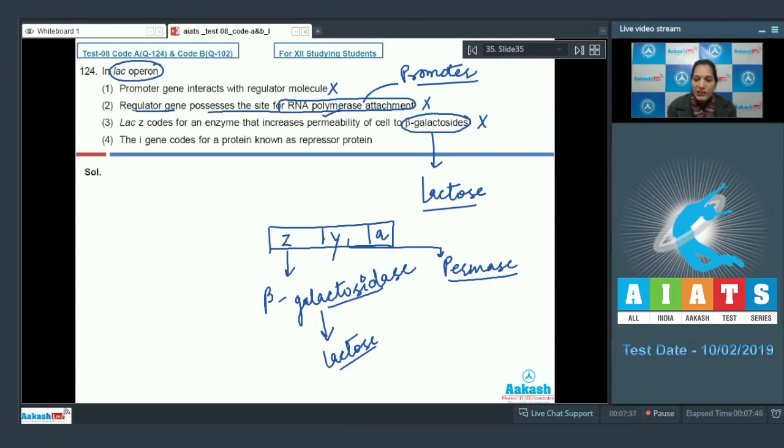So this statement is incorrect. Fourth, the I gene codes for a protein known as repressor protein. I gene is the constitutive gene of the lac operon and it codes for a protein known as repressor protein. It is correct. This repressor protein binds to the operator. So the correct option for the given question is option number 4. Let's move to the next question.